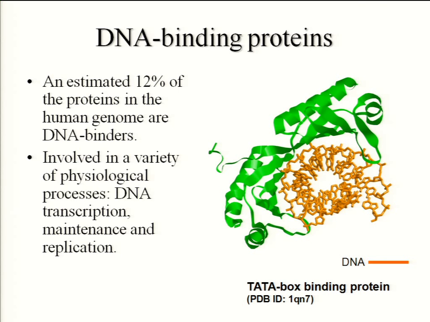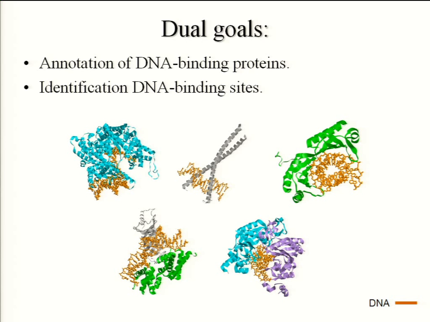And here are several examples of DNA binding protein, including the one that I showed. You see that they come with different shapes and various modes of binding to the DNA, using various motifs to detect the DNA. And the goal in this project is dual.